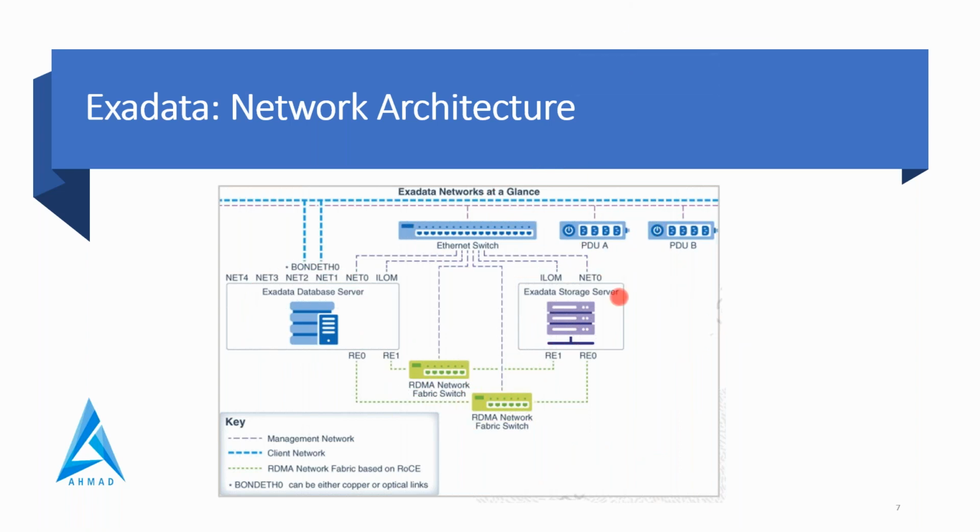Clear? And there are three networks shown in the diagram: the client access network, the management network, and the private ROCE network. The client access network is bonded, that is bond ETH0. This client network connects to NET1 and NET2 of the database server, and the management network connects to the PDUs and Ethernet switch.